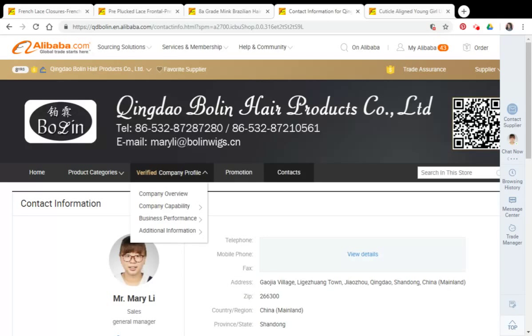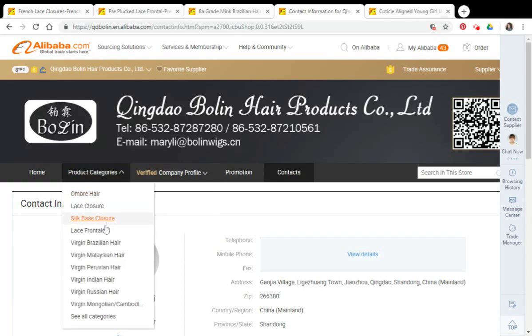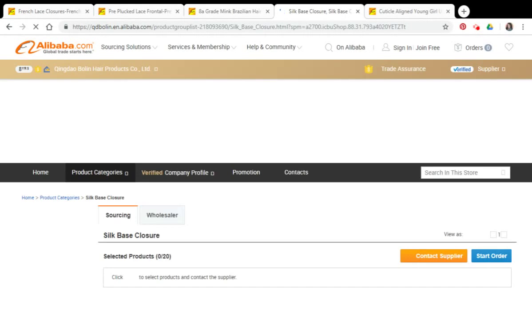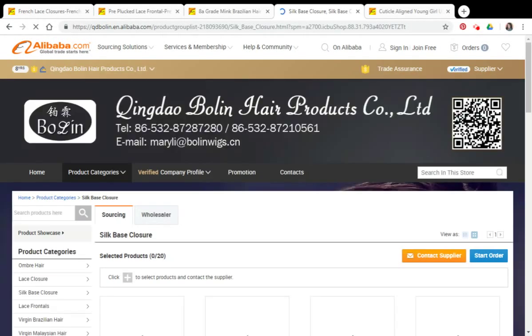put on your list. But in this case, for this particular vendor, as we went through it, as you can see, they have Brazilian hair, Malaysian hair, Peruvian hair, Russian hair. If we were to click on, say, silk-based closures and pictures of Beyonce and Rihanna and different celebrities popped up, that company would not make it on the list because they're using a lot of the things that are red flags.